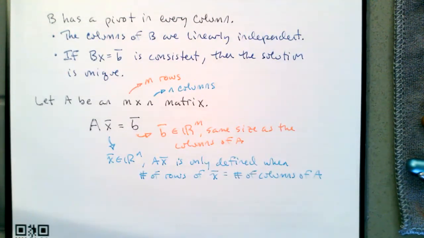So the number of columns of A must equal the number of rows of X for the matrix product to be defined. And the result will have the same number of entries as the columns of A.